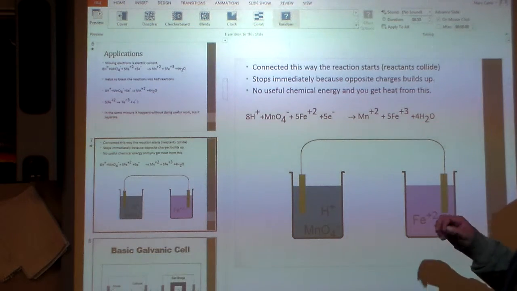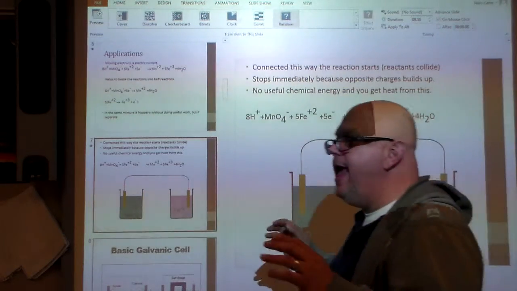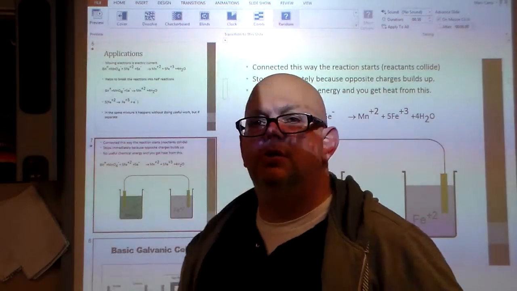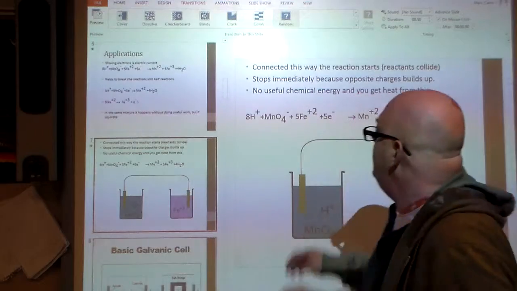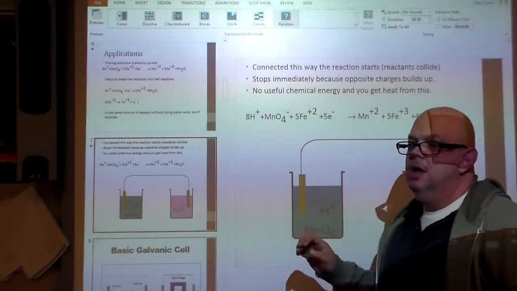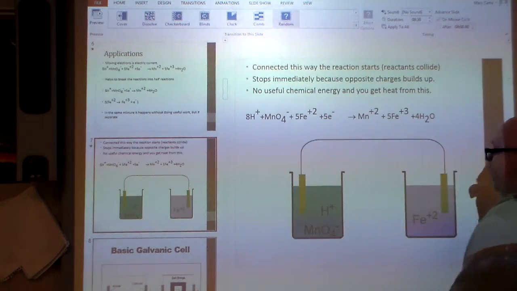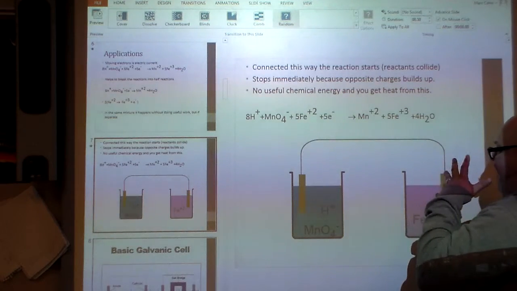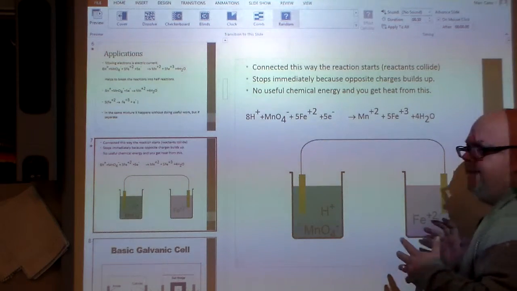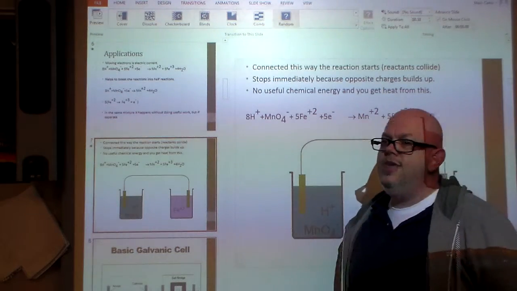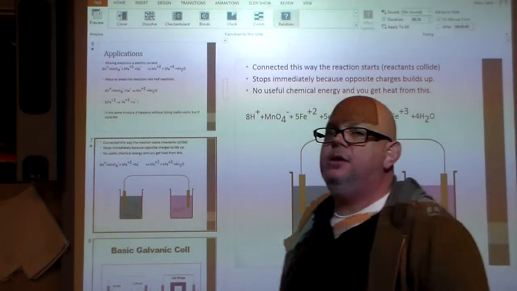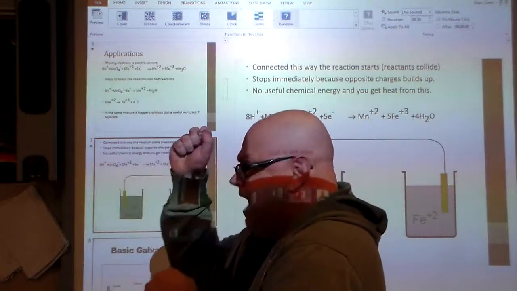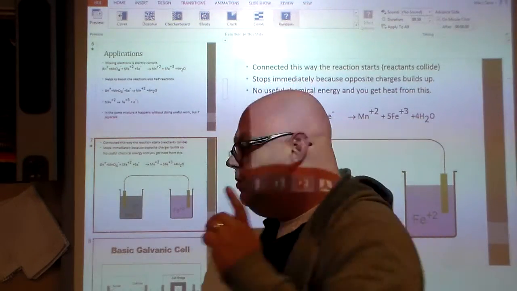We run it, the reaction starts, and it stops as soon as it goes through. Well, what happened? You had a quick transfer of electrons, and all the electrons traveled to this area, and that was it. You couldn't do anything else. It stopped almost immediately because the electrons are like, whee!